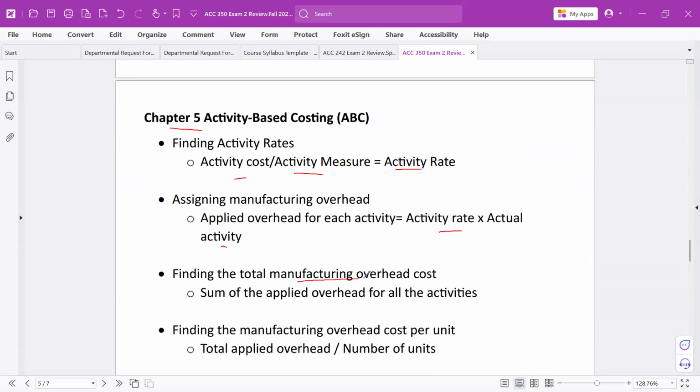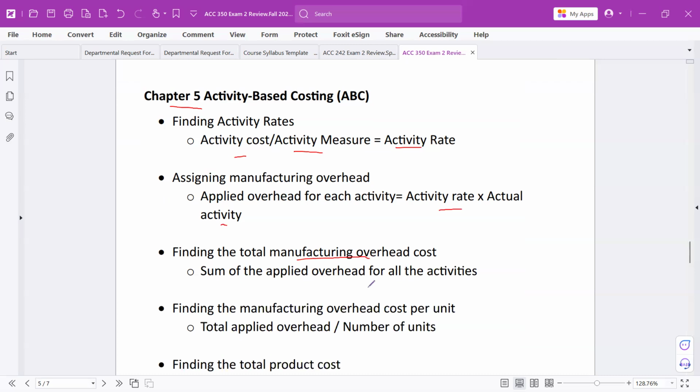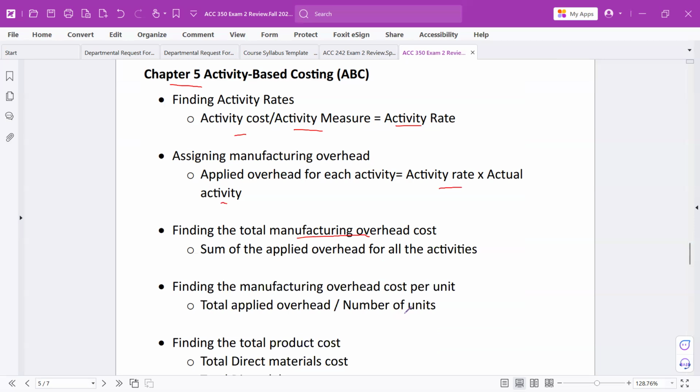And if we want to know the total cost of however we define the cost object, a job, a product, a department, a customer, we just add all of the cost. We can apply the overhead, and then once we've applied the overhead, we can get an overhead cost per unit. Take the total overhead divided by the number of units.